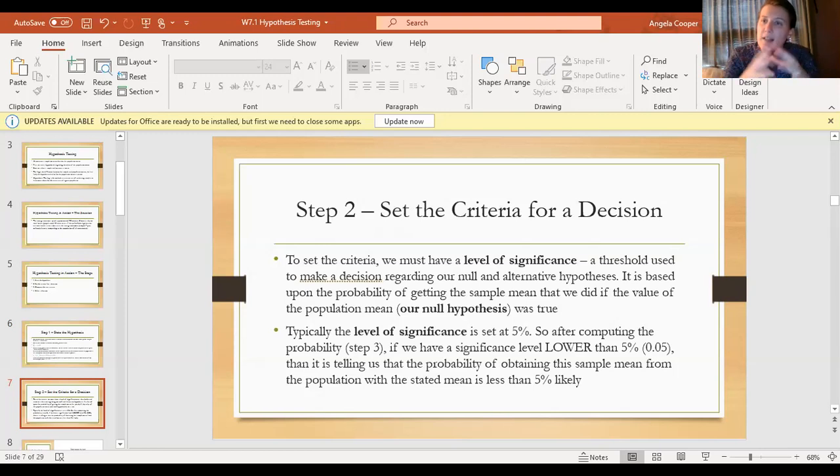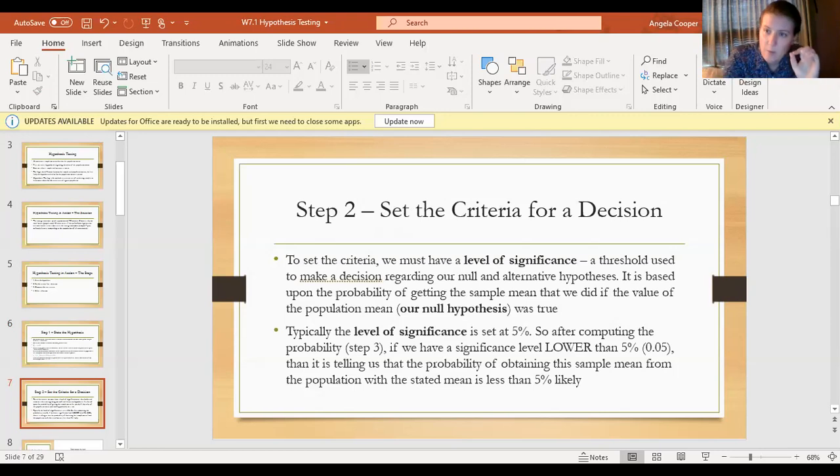Essentially, our level of significance is set at 5% or 0.05. If we calculate this test and we have a p-value of 0.04, which is less than 5%, less than 0.05, we would reject the null hypothesis.